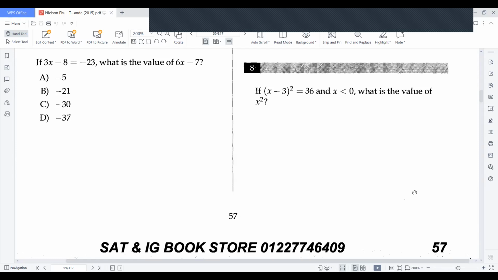Sir, would x be 9? No, x squared would be 9, sir. Yes, sir. Explain where you got that. Well, sir, it says x minus 3 all squared is equal to 36.